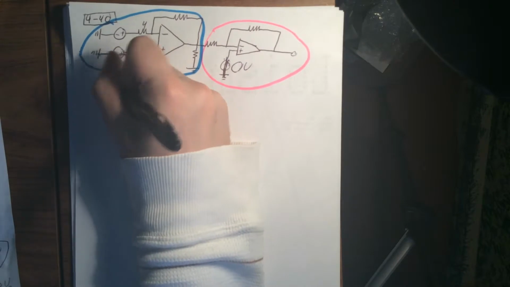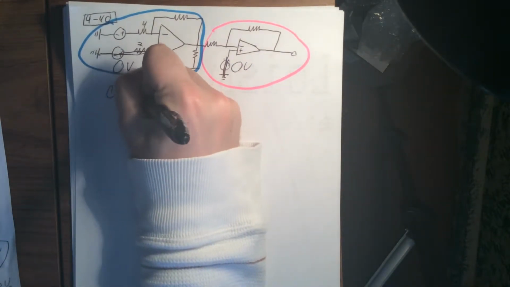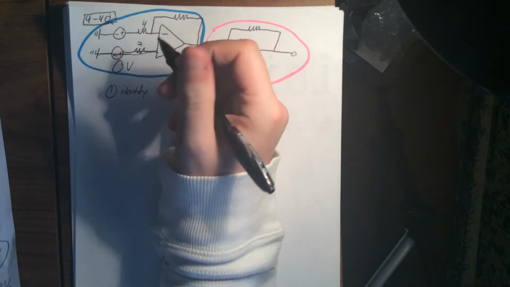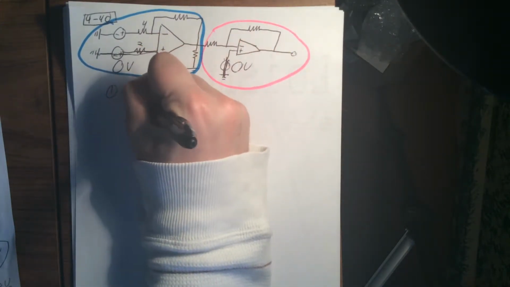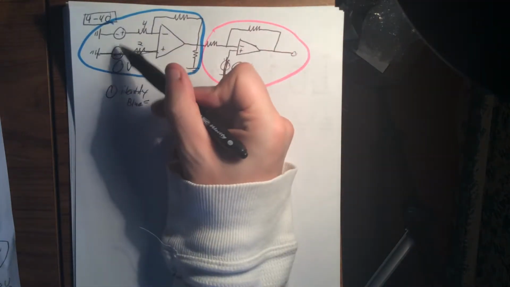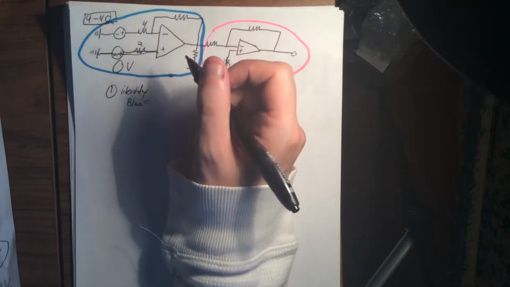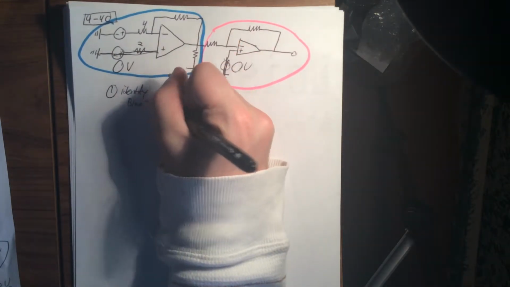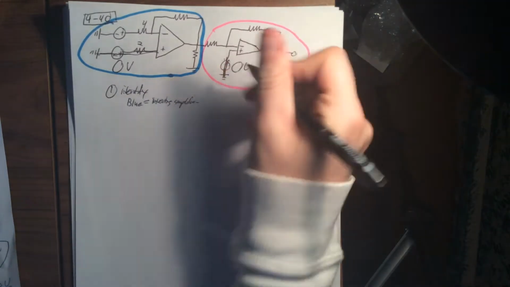So step one, identify. So this blue circuit equals, it looks like a differential, except that this one is 0. So because this one is 0, we're going to get an inverting amplifier.